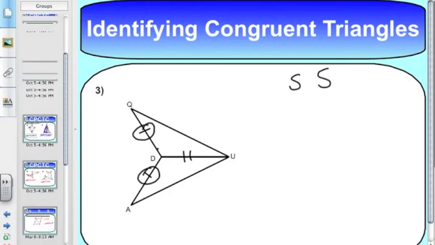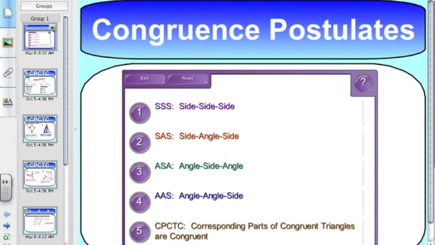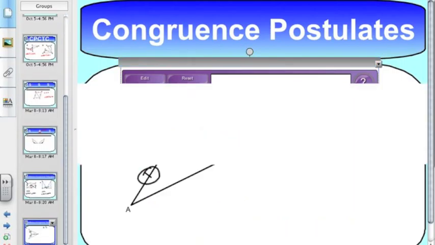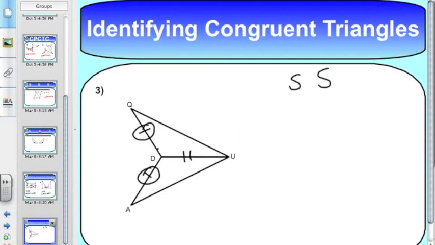Well, let's go back and check. Side, side, side; side, angle, side; angle, side, angle; and angle, angle, side. Those are the only four that work. So is side, side an option? Clearly not. So these two triangles are not congruent.